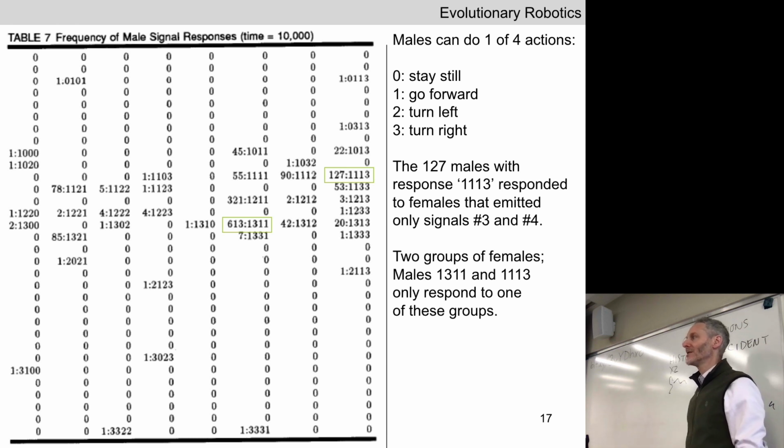If you're a female descendant in this population at this time, what do you want to be doing? You're a female among females, some of whom know to emit signal 2 under certain conditions, and another separate group of females that know how to emit song 4 under a different set of conditions.